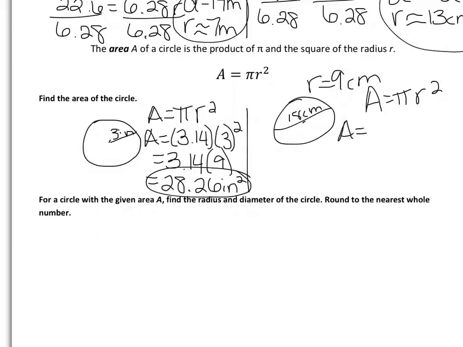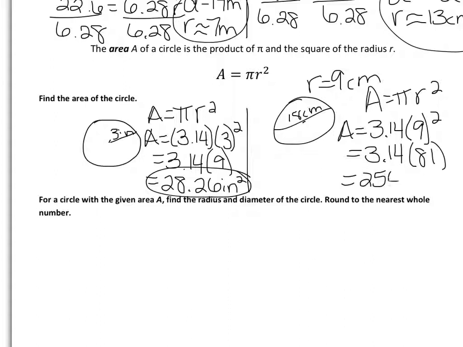So to find the area, we're going to take 3.14 times 9, and we're going to square it. And we get 3.14 times 81 for an area of 254.34 centimeters squared. And once again, since we're talking about area, our units are going to be squared.